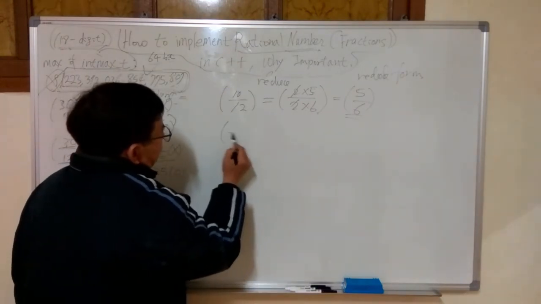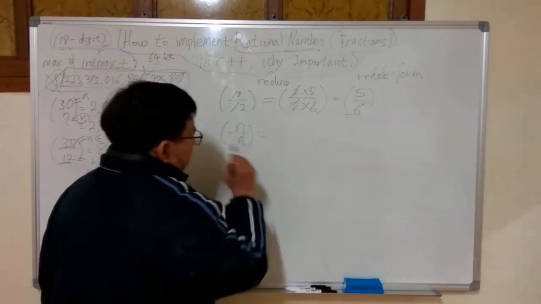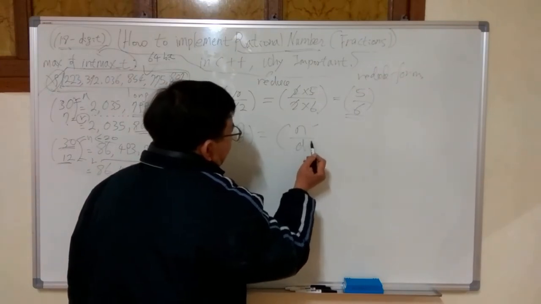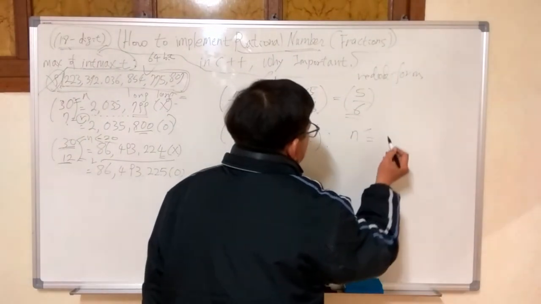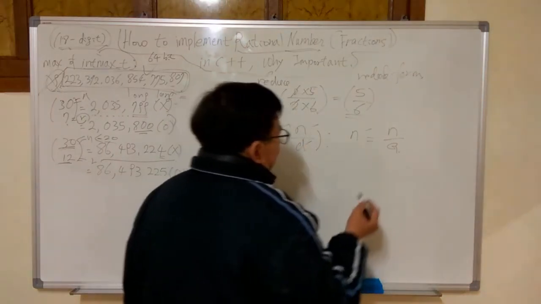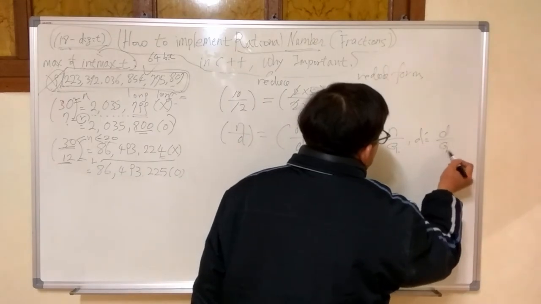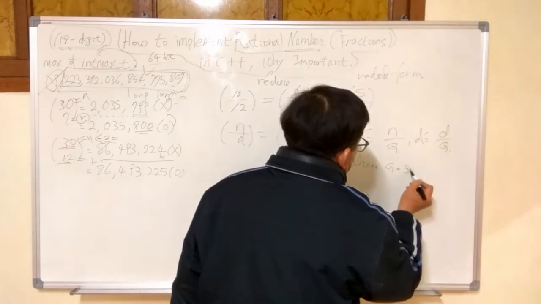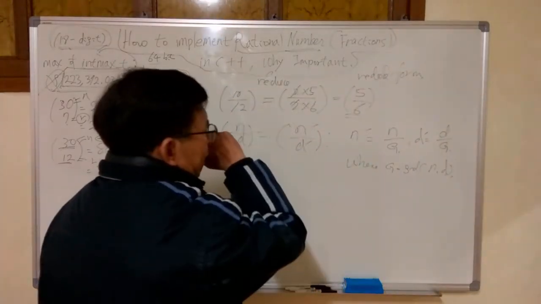If we present it as n over d, then we can let n prime and d prime be like this. Then n prime is n divided by g, and d prime is d divided by g, where g is the GCD, the greatest common divisor of n and d. We call this the reduced form.